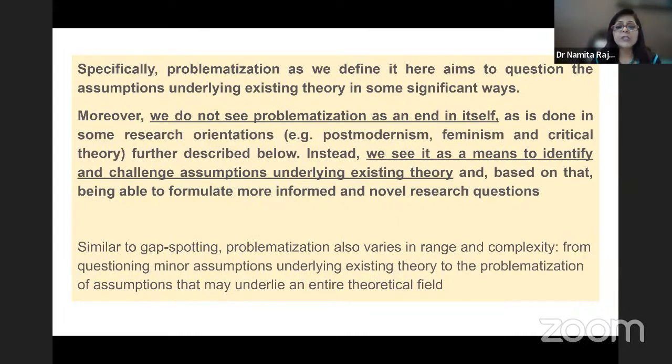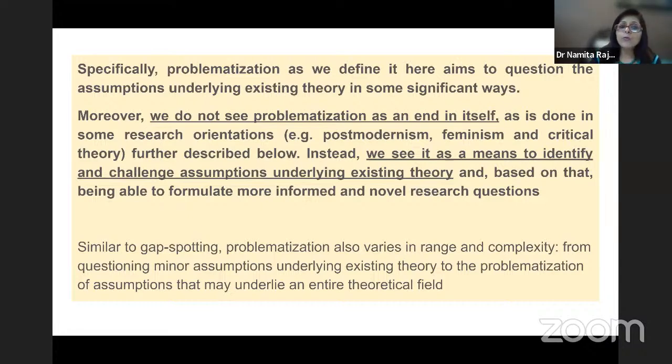We see it as a means to identify and challenge the assumptions underlying the existing theory. So become a novelist, in terms of introducing some novel questions, novel theory, novel assumptions. If you do that, that's a superb way of coming out with a research gap.